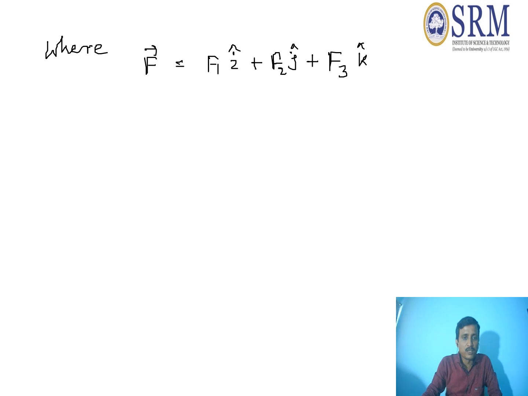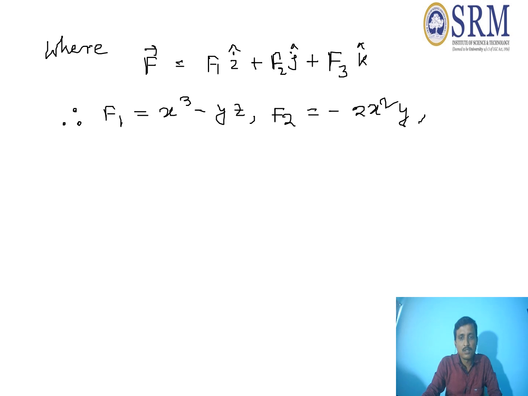If you compare this question with the previous relation, where F is given, we get F1 equal to x³ minus yz, F2 equal to minus 2x²y, and F3 equal to z.